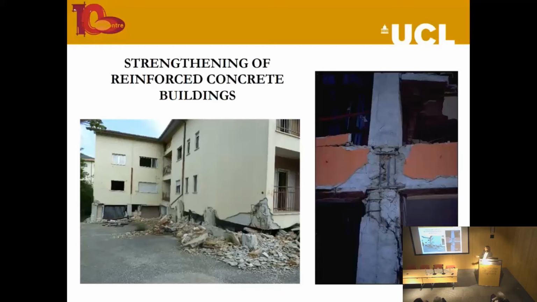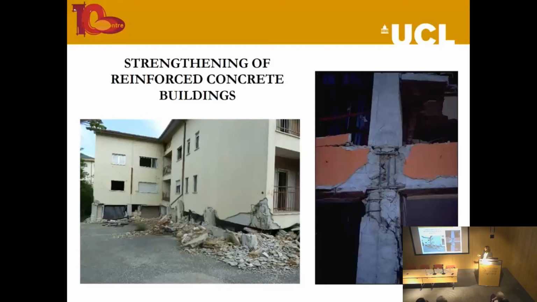Soft story collapse, or in any case damage concentrated at the top and the bottom of columns, is very dangerous because then the structure loses its capacity to carry any vertical load or its own self-weight, and therefore it can be very deadly.